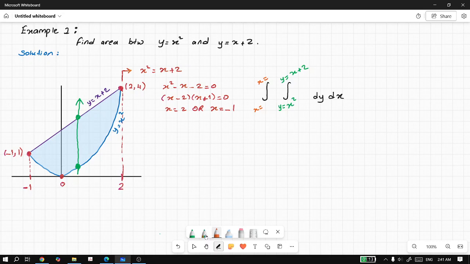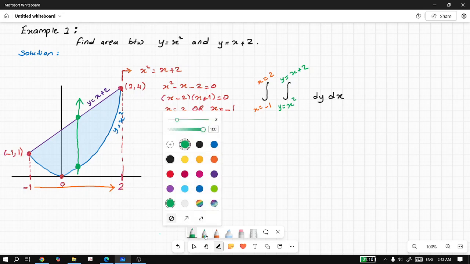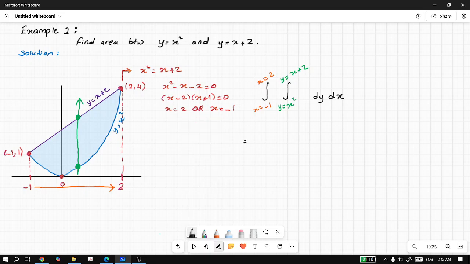Okay, now for limits of x, if you see this area that we have got, it's running from -1 to 2. So the limits of integration for x is from -1 to 2. Now solve this integration as we have done usually. This gives me the integration from -1 to 2, and with respect to y, this gives me y with the limits x squared and x plus 2, dx.